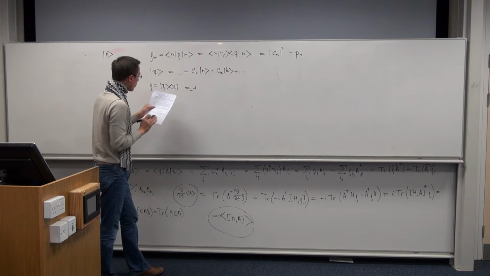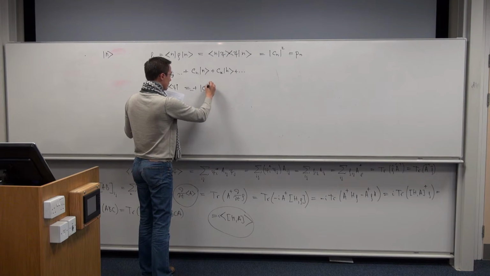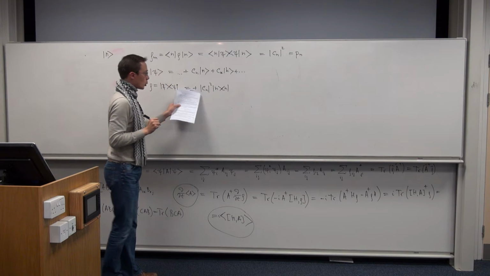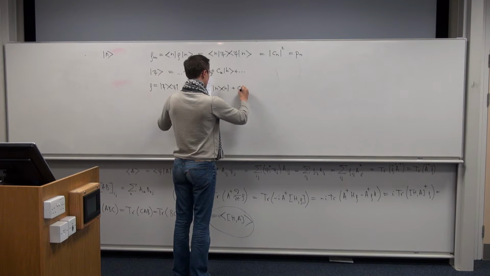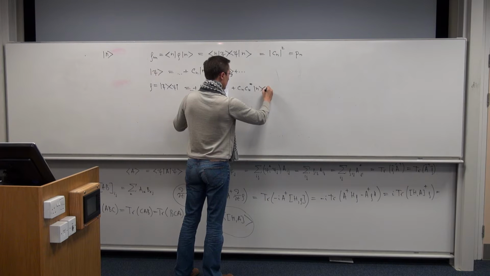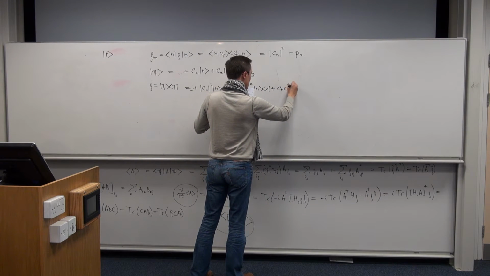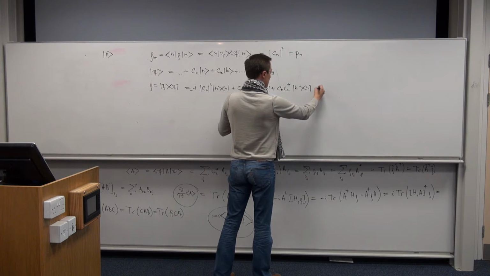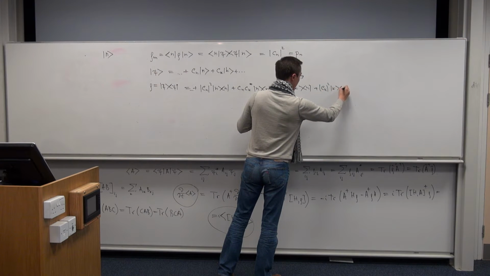And then 4 terms that come out of the multiplication: it will be |Cn|^2 |n><n|, something that we already discussed, so a diagonal element, then Cn Ck* |n><k| plus Ck Cn* |k><n|, and it's a probability term for k, |Ck|^2 |k><k|.